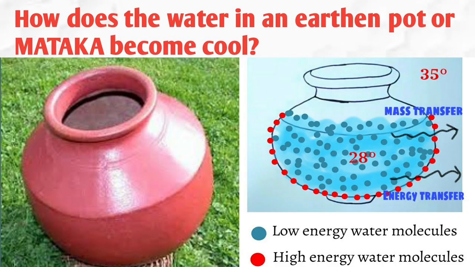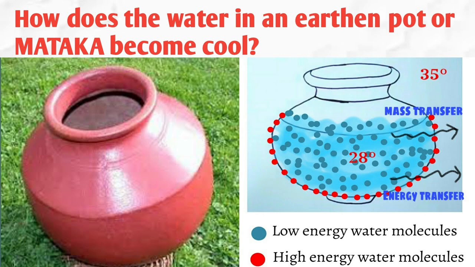In this slide, let's learn another point. How does evaporation cause cooling? Do you know how the water in an earthen pot or matka becomes cool? In an earthen pot, there are a large number of tiny pores on its body. Hence, a small amount of water seeps out from these pores. These water particles at the tiny pores absorb outside energy and evaporate from the surface of the earthen pot.